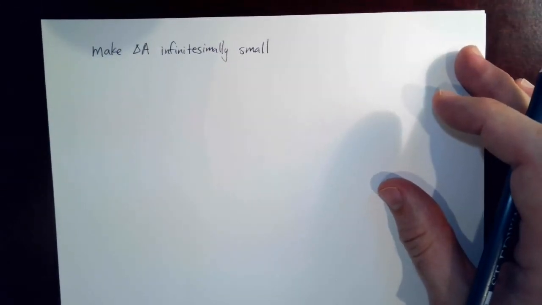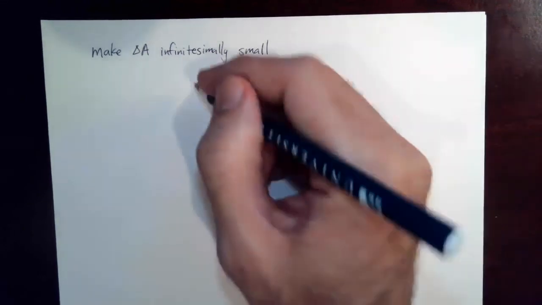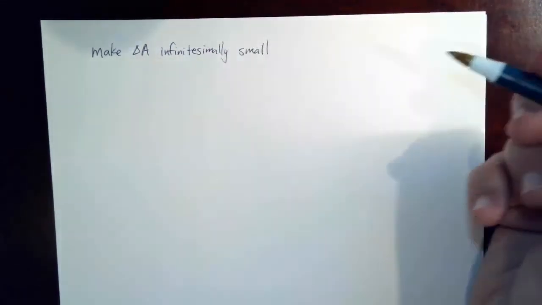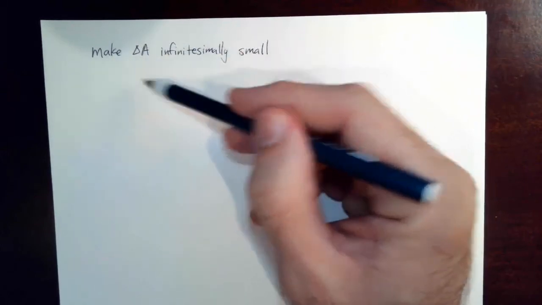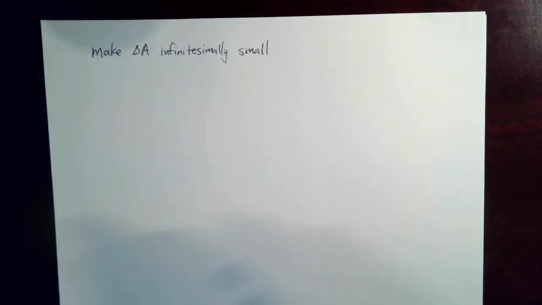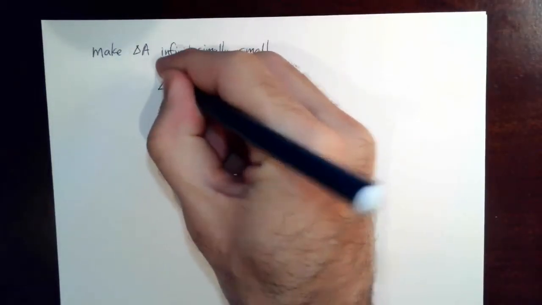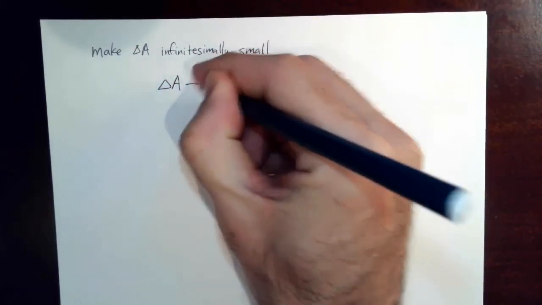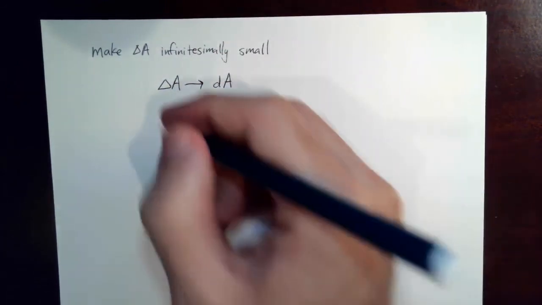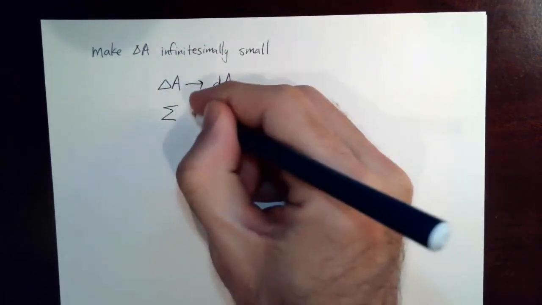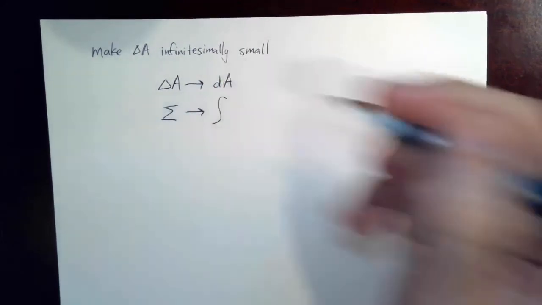So the electric field must be uniform over that area. So when we have a sum where we're making this term infinitesimally small, delta A goes to dA. And as we know from the definition of the integral, if I do that, the sum becomes an integral.